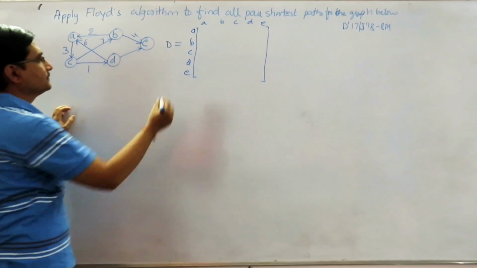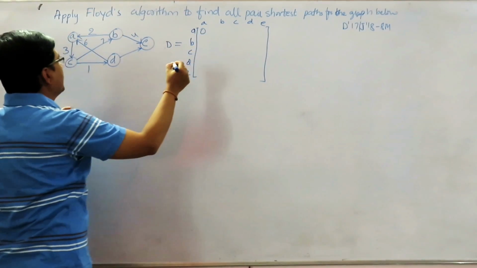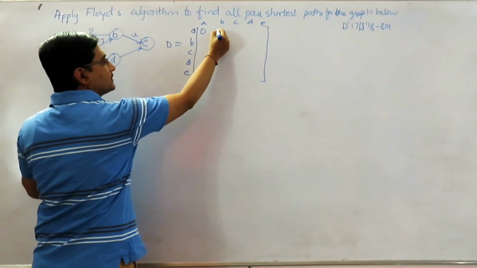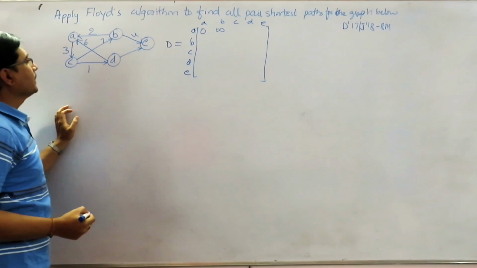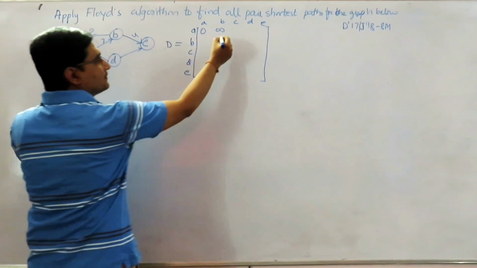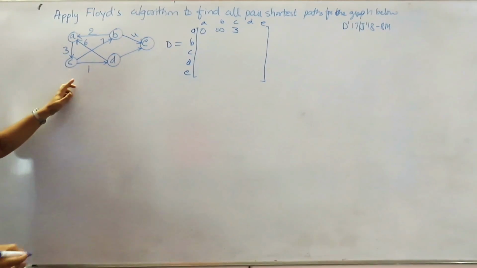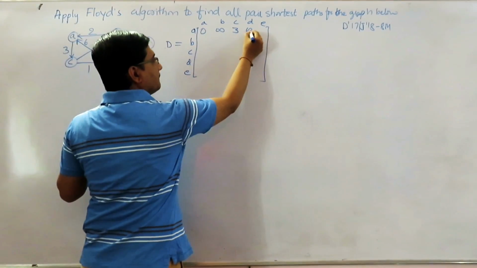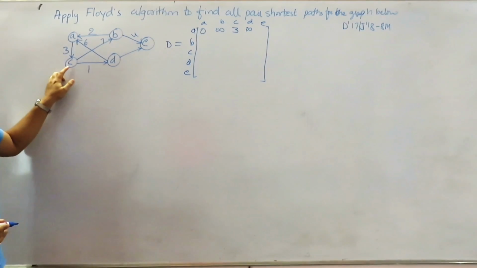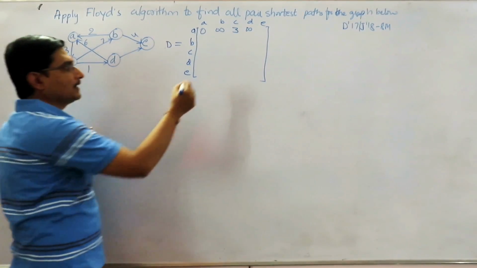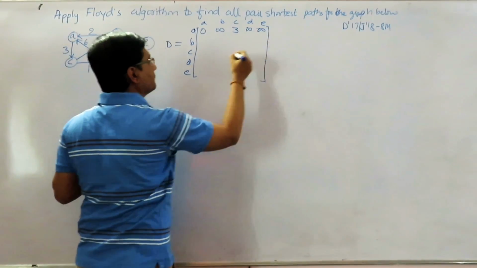A to A, 0 distance. A to B, there are no edges, so it is infinity. A to C, the distance is 3. A to D, there is no path, so it is infinity. A to E, there is no path, so again it is infinity.